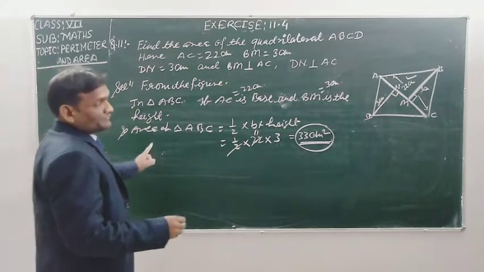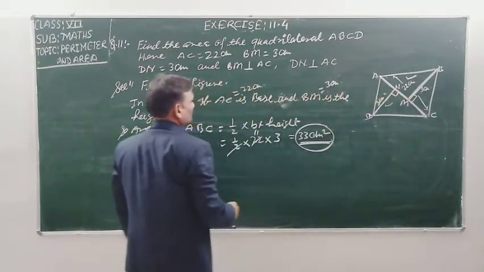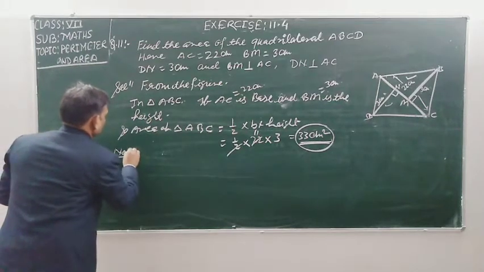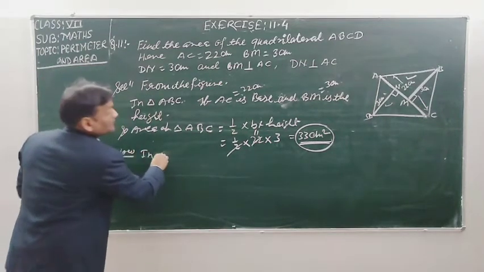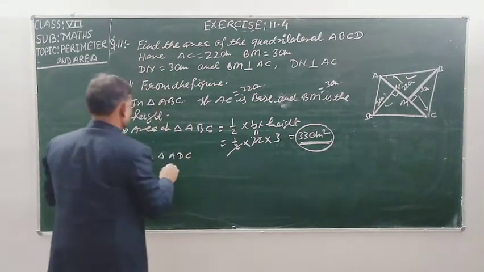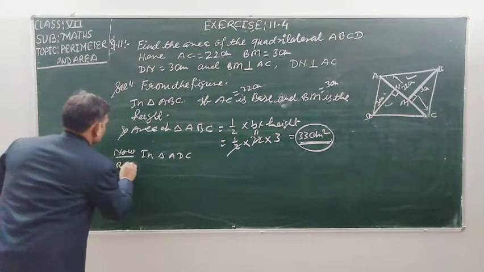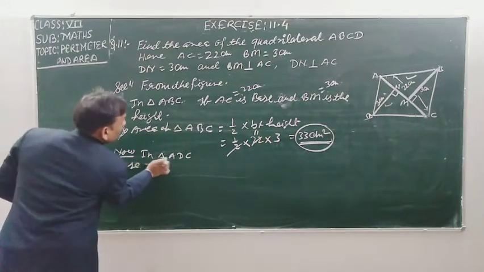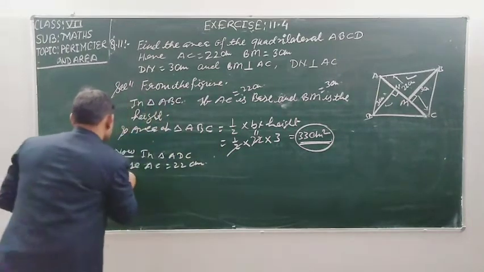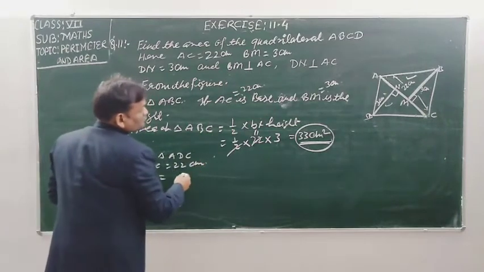In the same way, student, we find the area of this triangle also, the whole triangle. So in triangle ADC, base AC is equal to 22 centimeter, height, same, student, is equal to 3 centimeter.